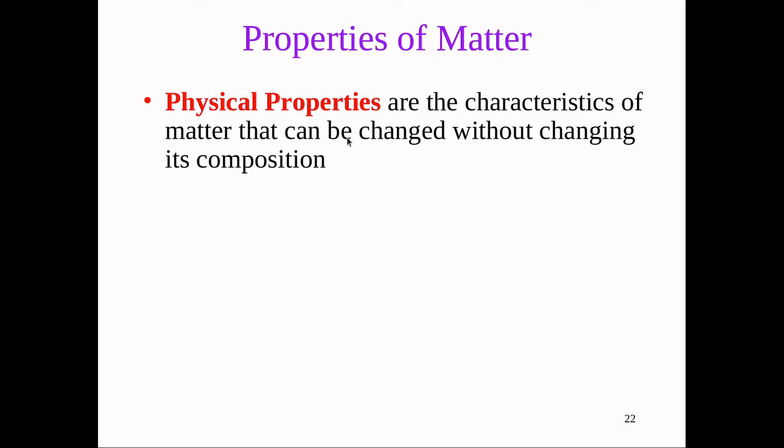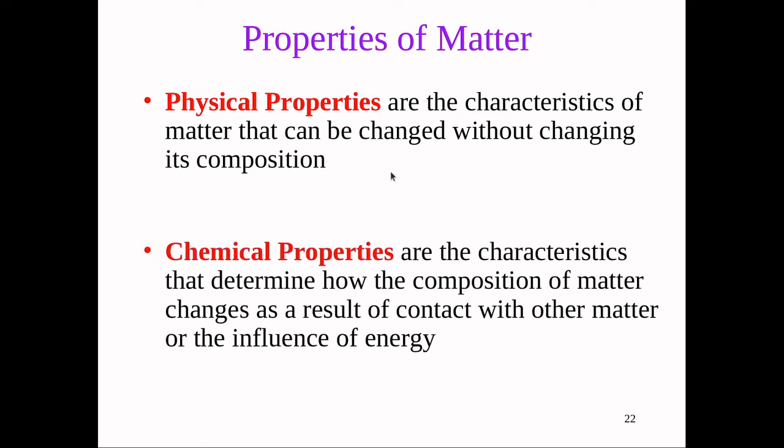So if there can be a change in this property that's not going to affect the composition of it, it's not going to change the elements or the atoms or compounds that it's made out of, then it's a physical property. Chemical properties, however, are characteristics that determine how the composition of matter changes as a result of contact with other matter or influence of energy.